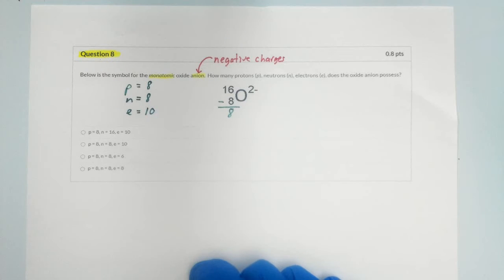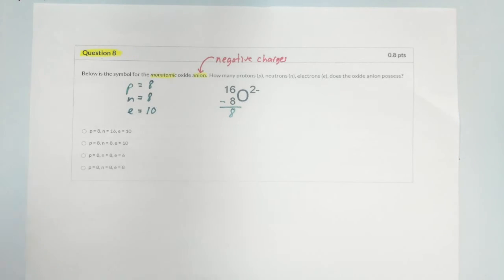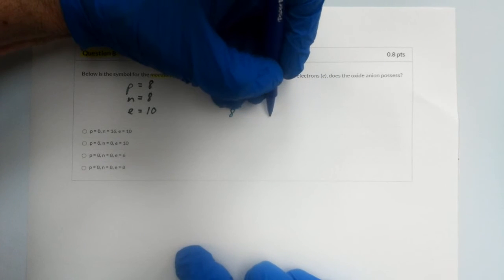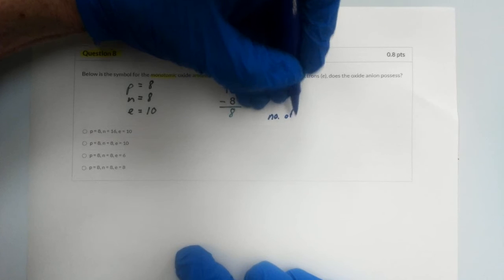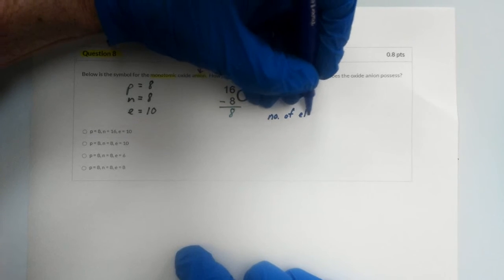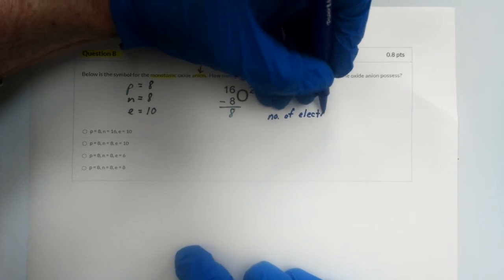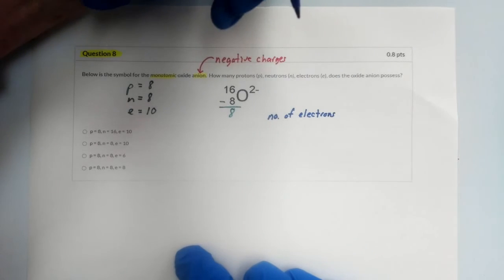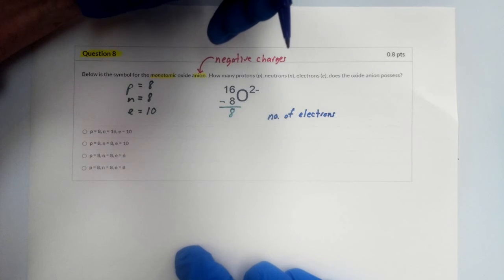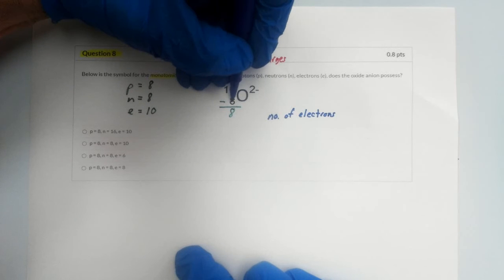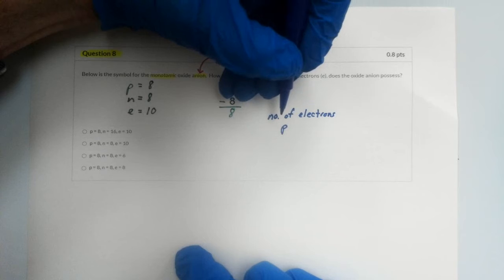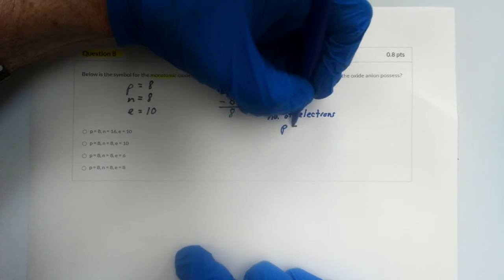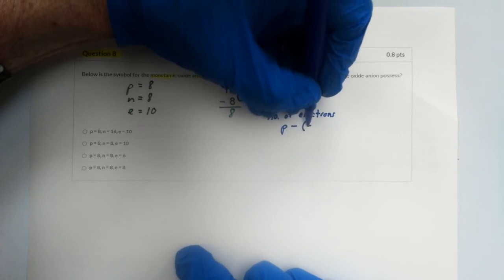Now, if you didn't understand what I just said, let me show you another way to figure out the number of electrons. Let me just write that down. Number of electrons. How could you do that? Well, you can take the number of protons and subtract away the charge.